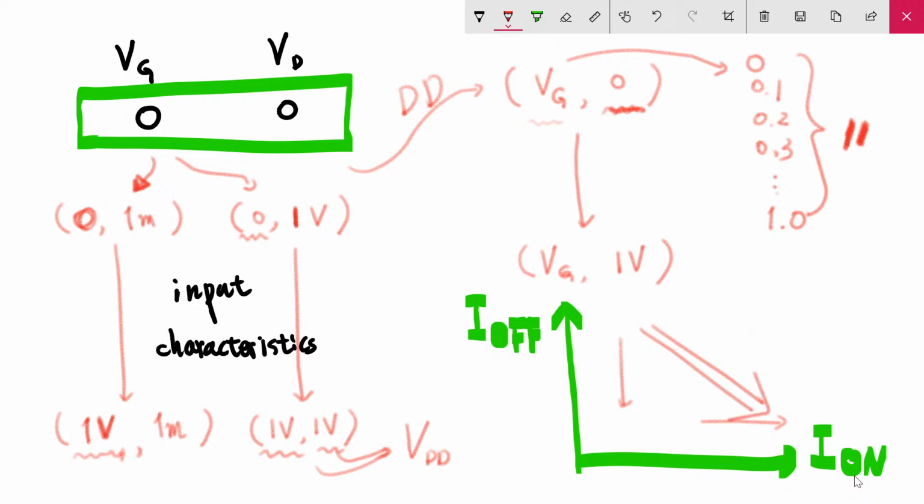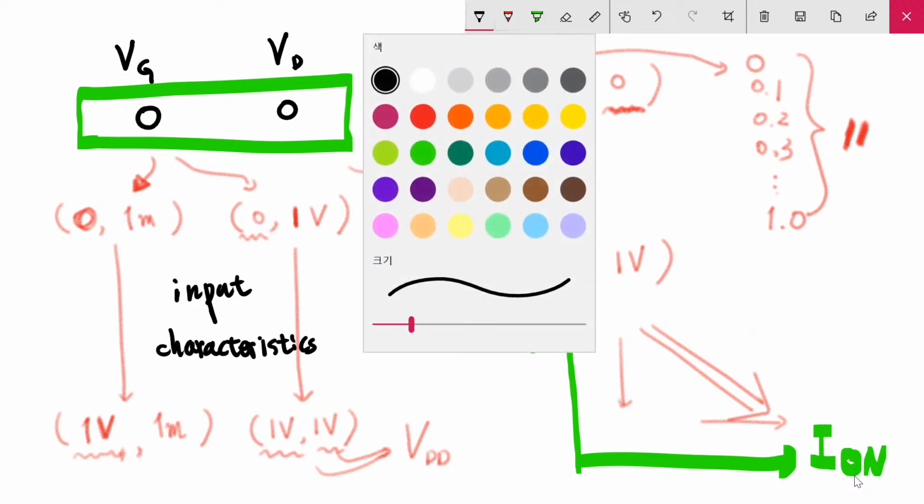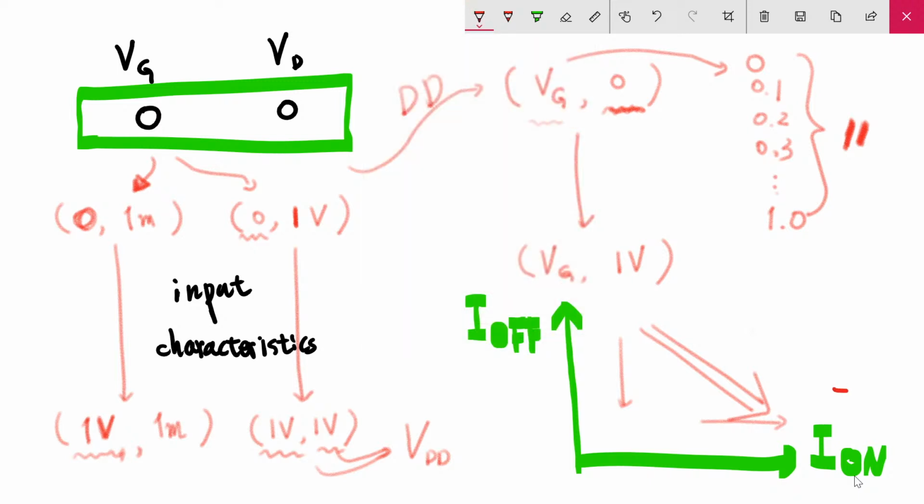improving the performance. So also, if we draw in a different way, let's do it for reference. If we use I off and I on, in this case, yes, I on should be increased and I off should be reduced. So the other way around will be the direction for performance improvement.